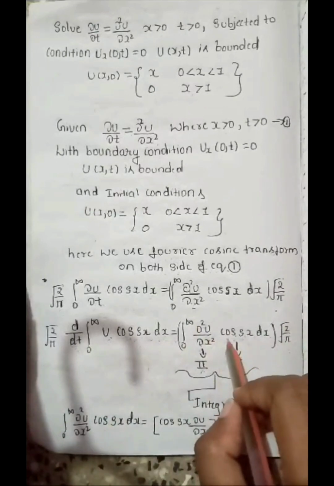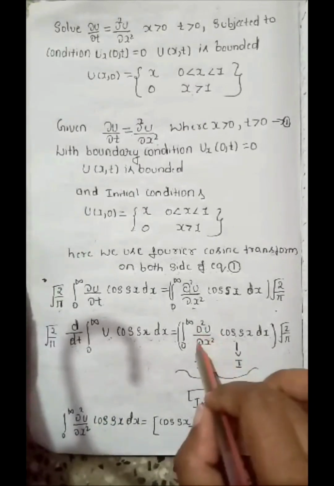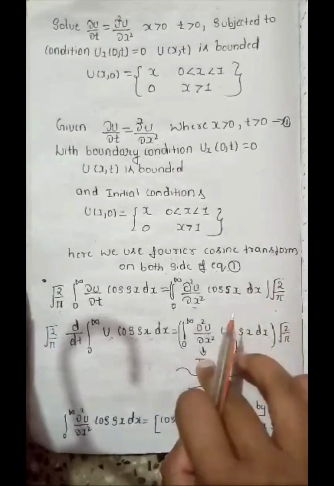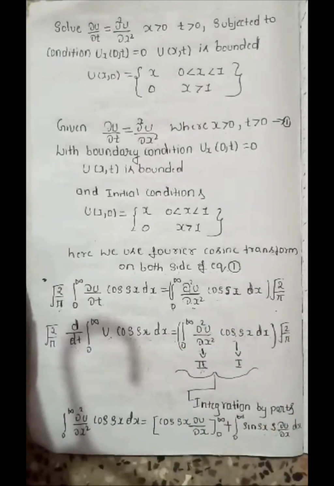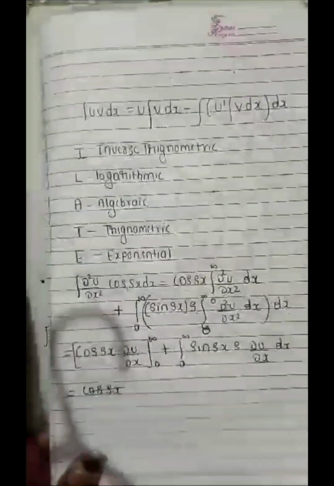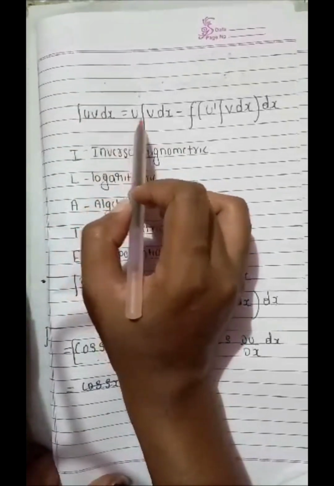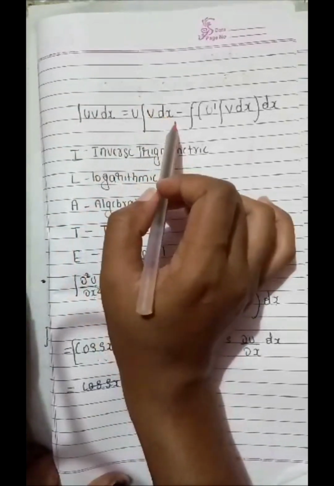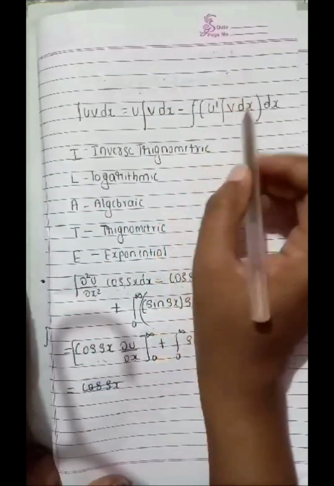Here cos(sx) is the first function and ∂²u/∂x² is the second function, so we solve this by integration by parts. We know the formula: ∫u v dx = u ∫v dx − ∫(u′ ∫v dx) dx.